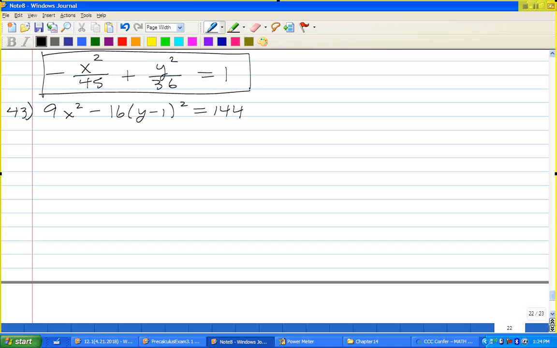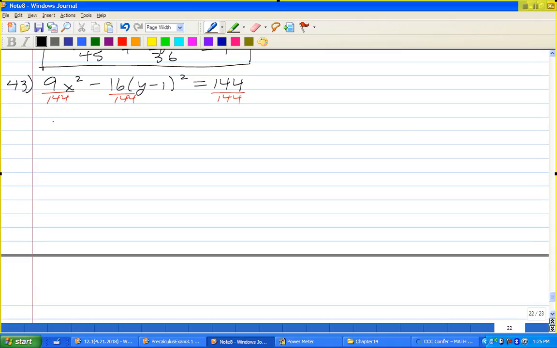In exercises 42 through 47, find the center, vertices, foci, and asymptotes of the hyperbola. Sketch the graph. So divide both sides of my equation by 144. x squared over 16 minus y minus 1 quantity squared over 9 is equal to 1.